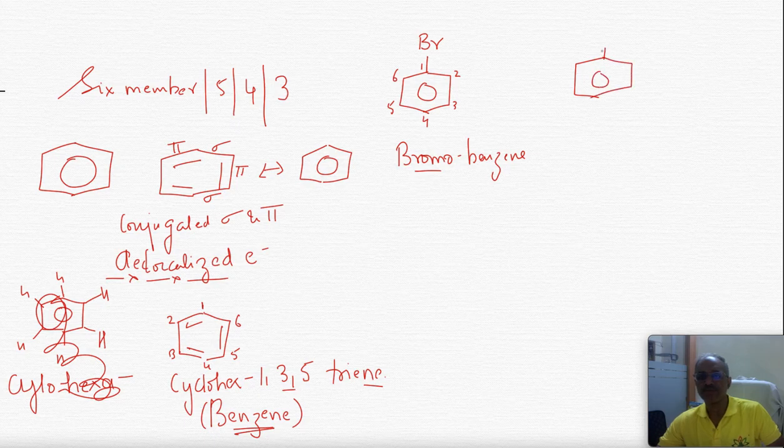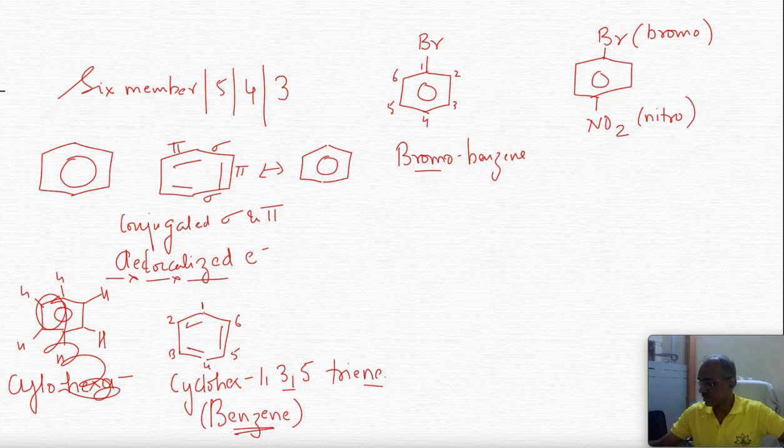But suppose I write bromo here, and then here I write NO2. Now, considering from where the name will start: this is bromo and this is nitro, the prefixes. It's important from where we start.